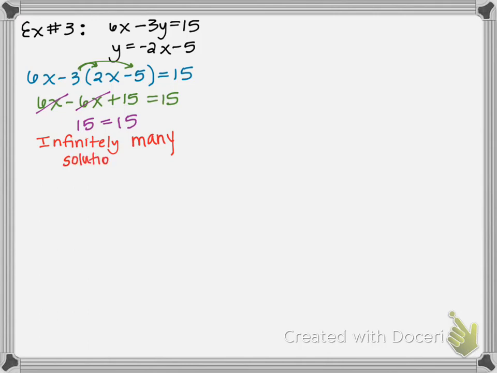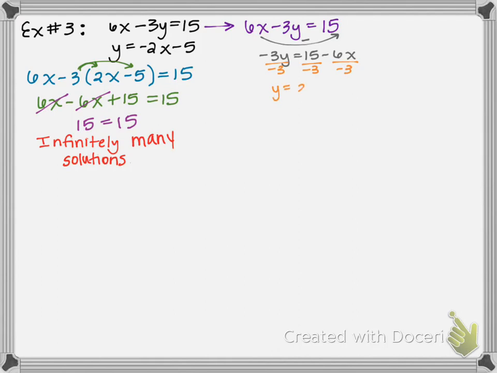And we had answers that look like this in the first lesson as well. Well, the other day in the first lesson, we had infinitely many solutions when the graphs were right on top of one another. So let's see if that's true in this case. For each one of the equations, I want to get it into slope-intercept form, so I have to isolate y.